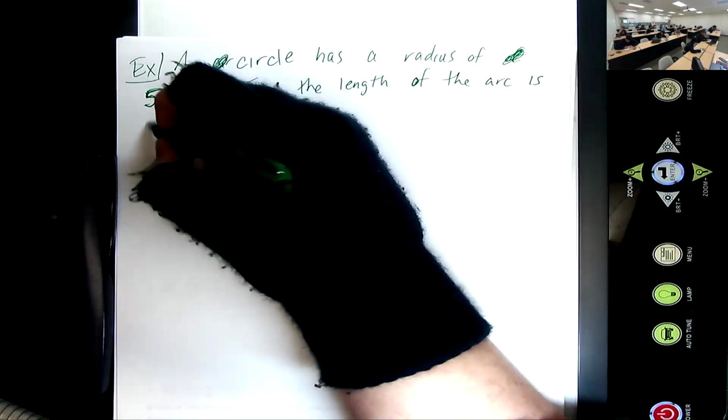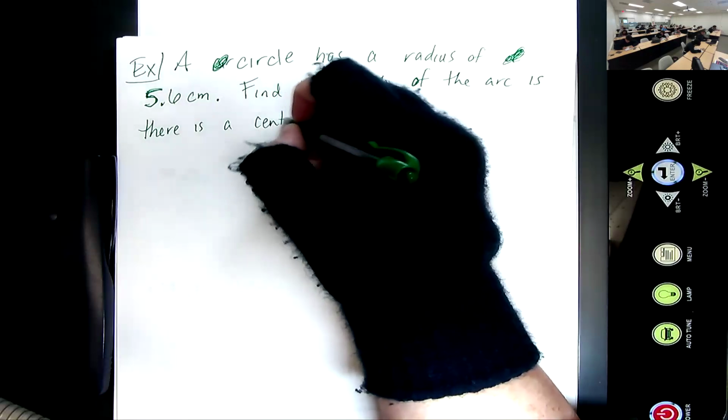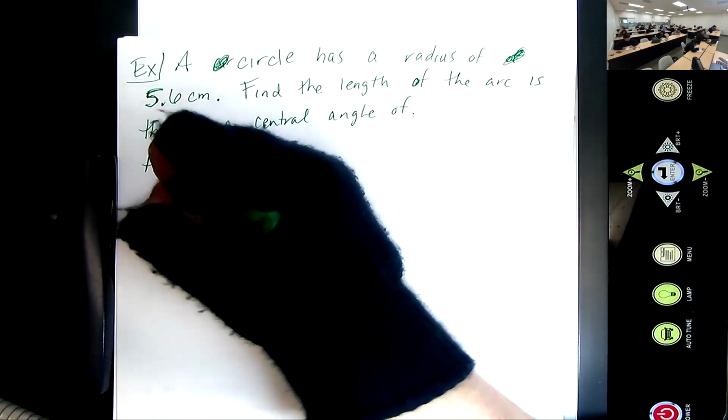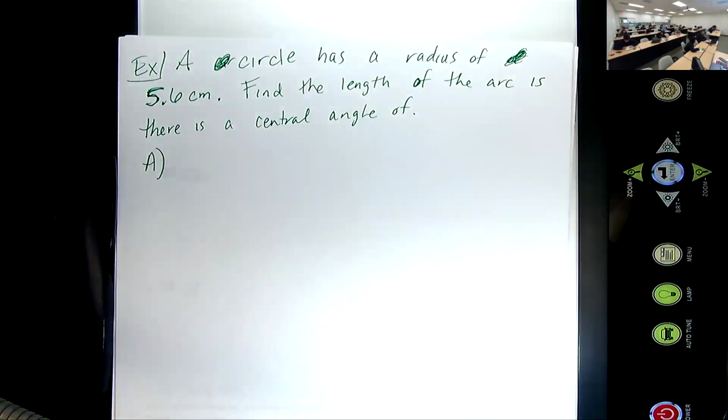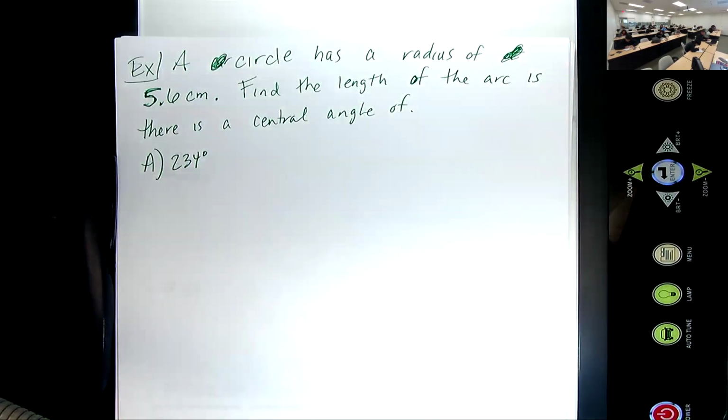If there is a central angle of. Let's do a few of them. Spencer, pick a random angle for me. You decide, degree or radian. 234 degrees, because he's a sicko like that. Couldn't pick a nice number. I like it. That's good.